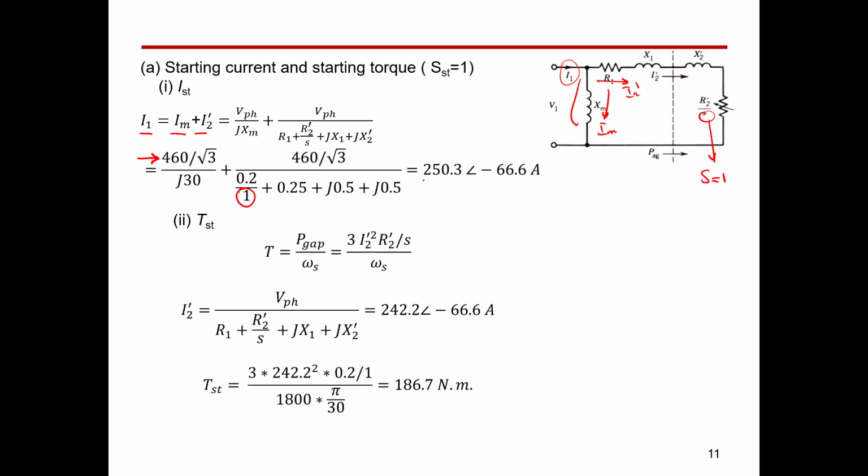So we got this value of current, 250.3 at the angle minus 66.6. So this is the motor starting current.